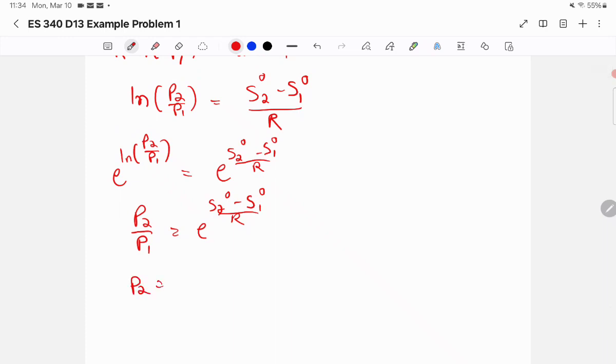P2, which is what we were looking for, is equal to P1 times e to the S2 circle minus S1 circle over R. And we are going to need the R value for air.